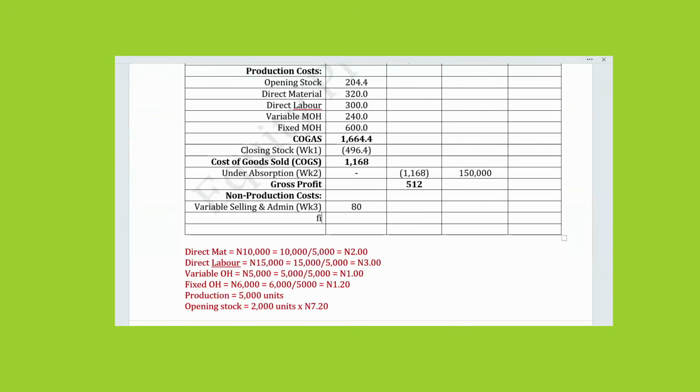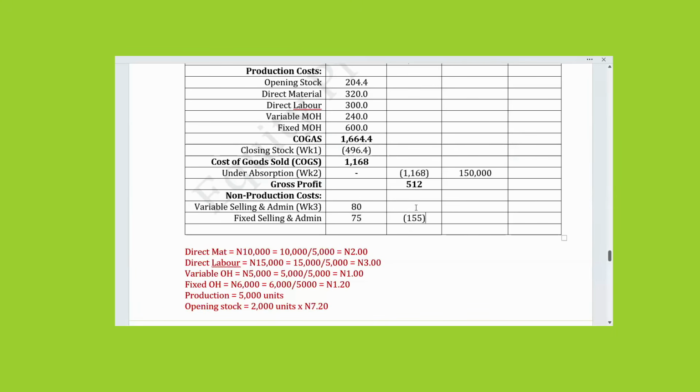So I will say fixed selling. We are told it's 75,000. So I will then add the two together. That will give us 155,000. No other cost again. So 155,000.